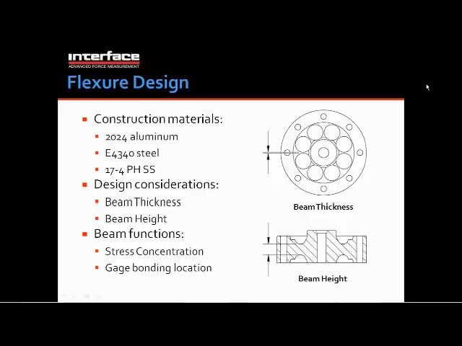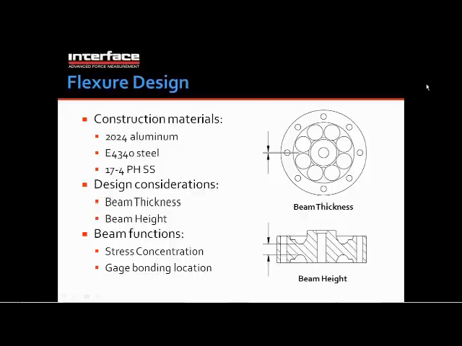Two of the critical features of a flexure design are the thickness and the height of the beam. Those dimensions are determined in order to obtain a certain level of stress in the beam area or in the beams around the hub.